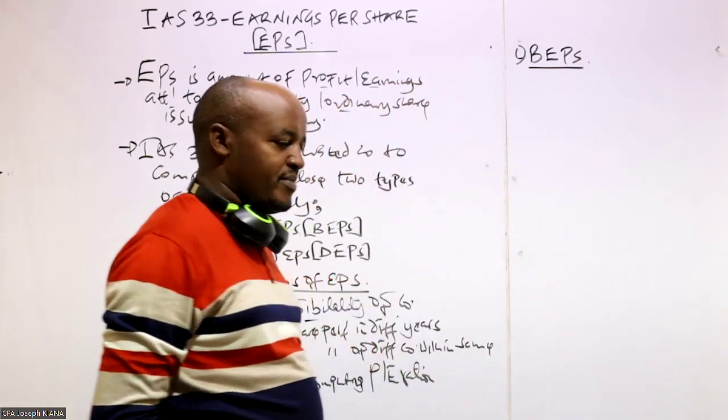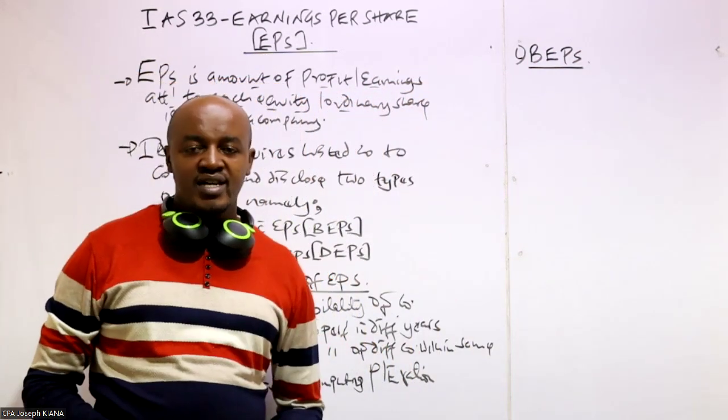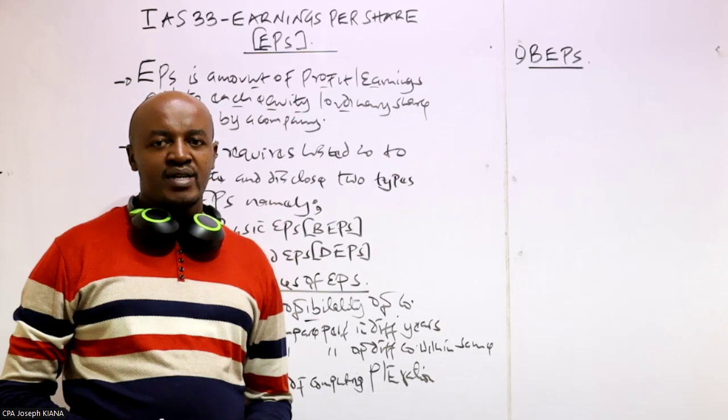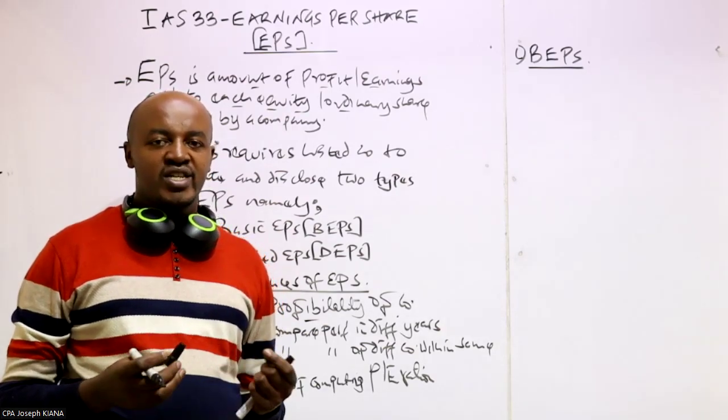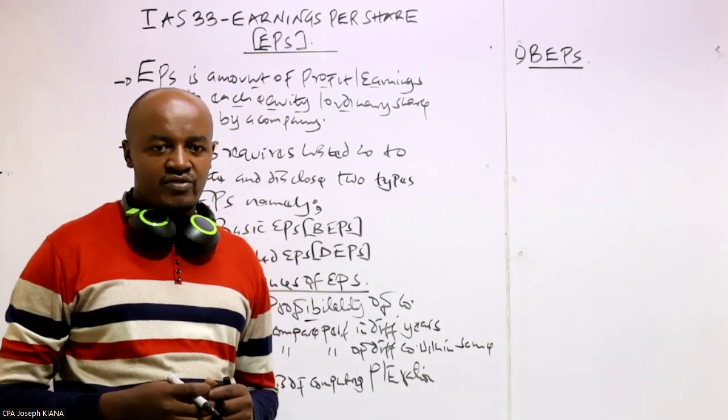So what is basic earnings per share? This is the earnings per share which is computed by the company using the profit for the year, and also using the shares issued and fully paid at the end of the year.